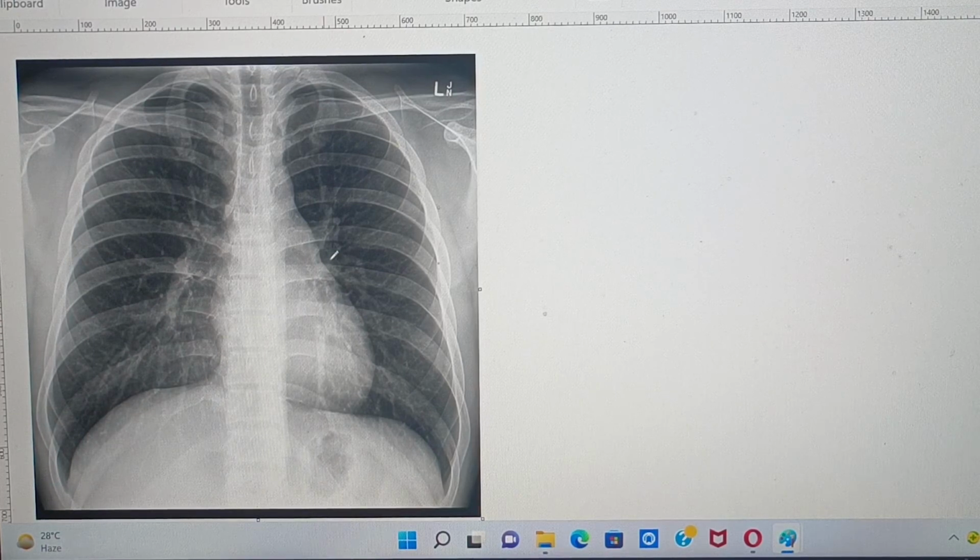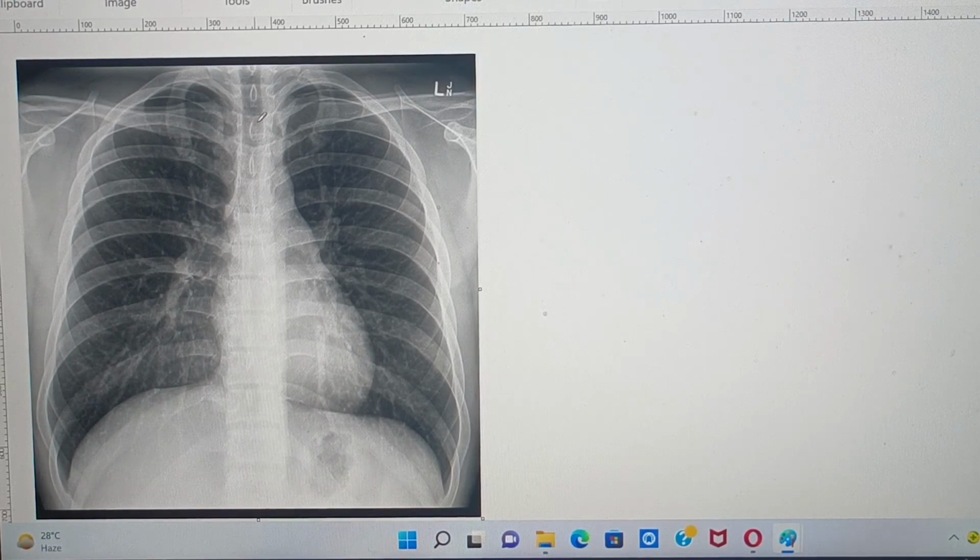The next point is whether the film is in inspiration or in expiration. This is an important point. In a film taken in inspiration, you will see at least 8 to 10 posterior ribs and about 5 to 6 anterior ribs above the diaphragm.